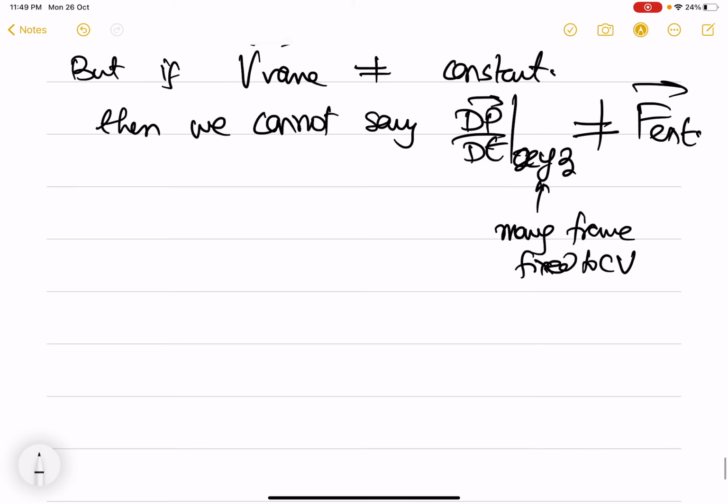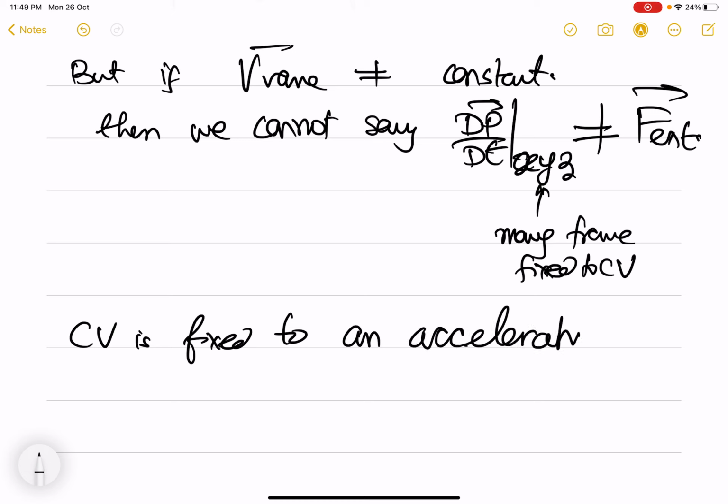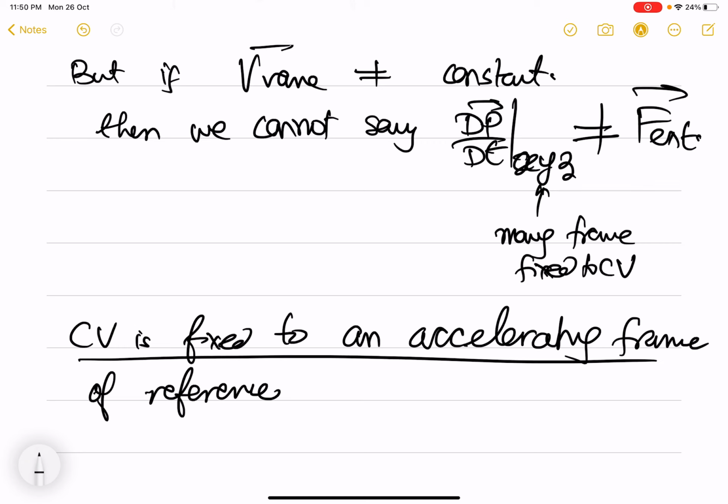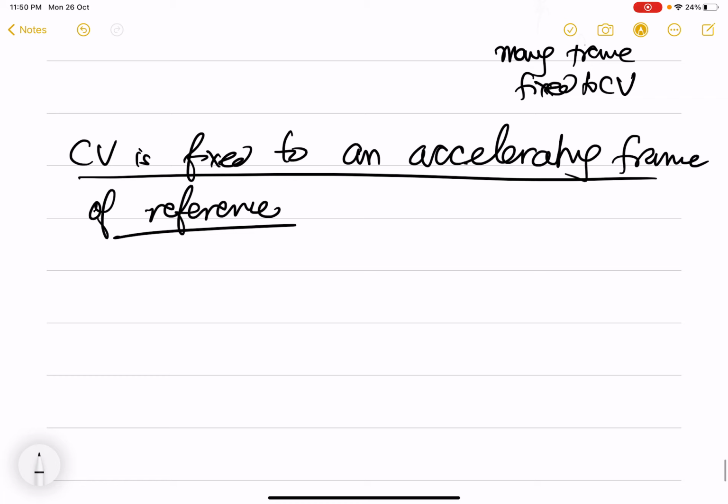So how do we work out problems like this, that means problems where the control volume is fixed to an accelerating frame of reference? I will take you back to the basic mechanics course.